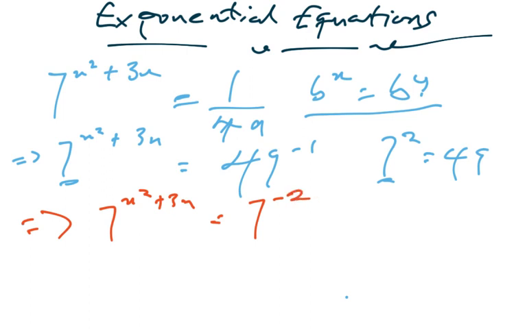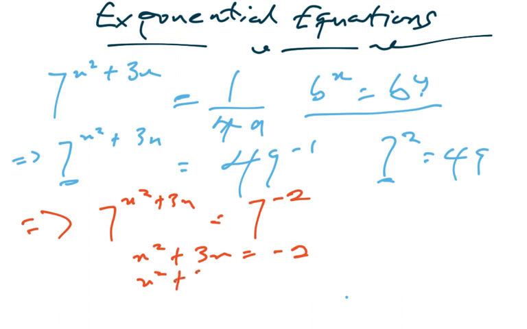Now here we have the same base, therefore we can equate the exponents to solve this problem. We get x squared plus 3x equal to negative 2.